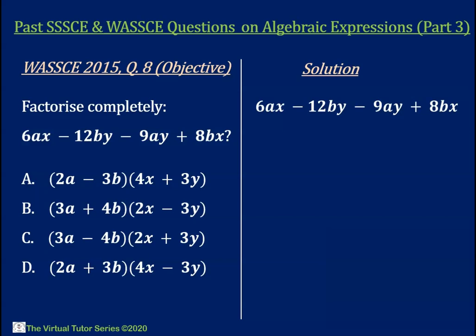This is a quadratic trinomial with two variables. To be able to factorize it easily, let's bring negative 9ay beside 6ax and push negative 12by beside 8bx.